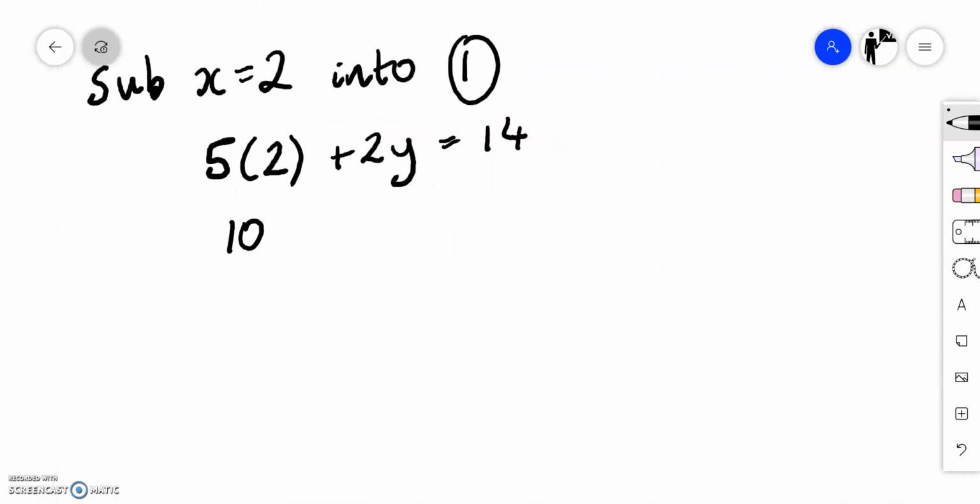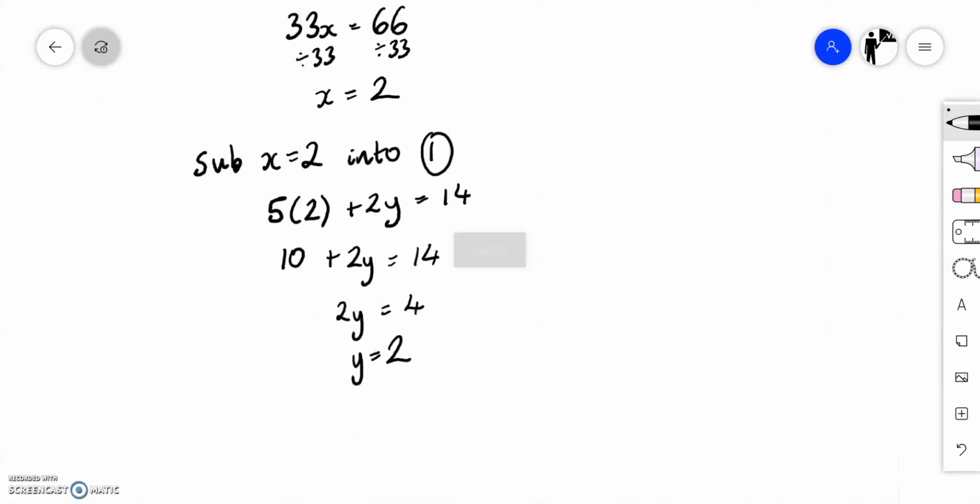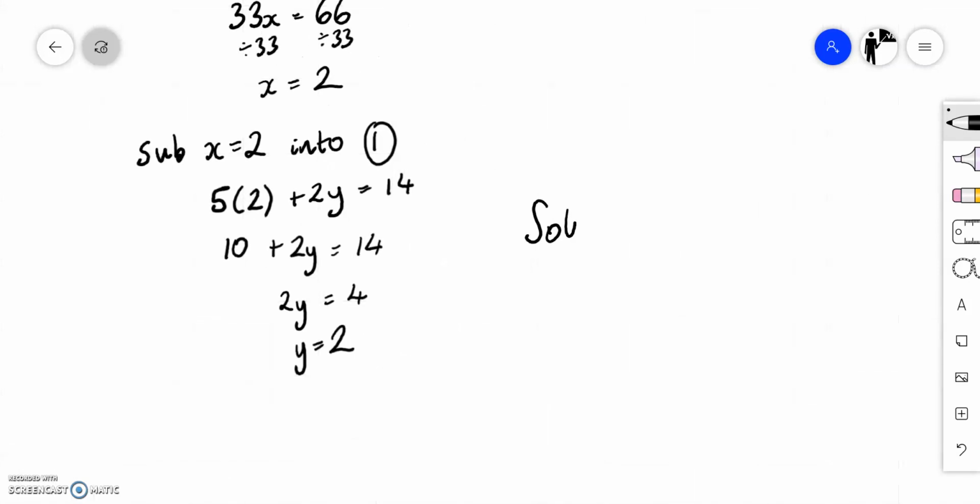So we're going to have 10 plus 2y is equal to 14. Subtract 10 from both sides. 2y is 4. Divide both sides by 2. We're going to get y equals 2. So our solution is x equals 2 and y equals 2.